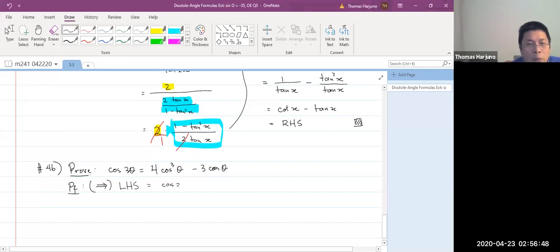Cosine 3 theta, we will prove from left to right. I will rewrite that 3 theta as 2 theta plus theta.